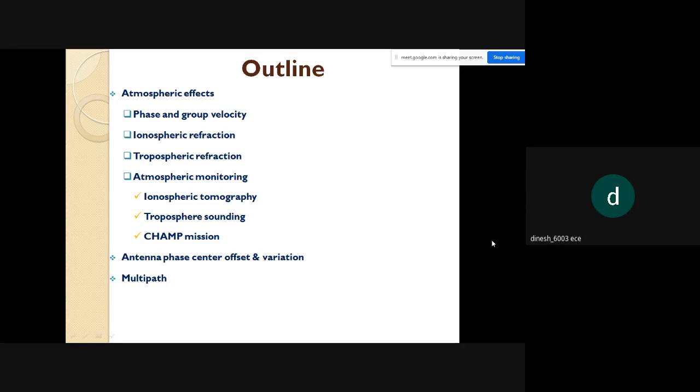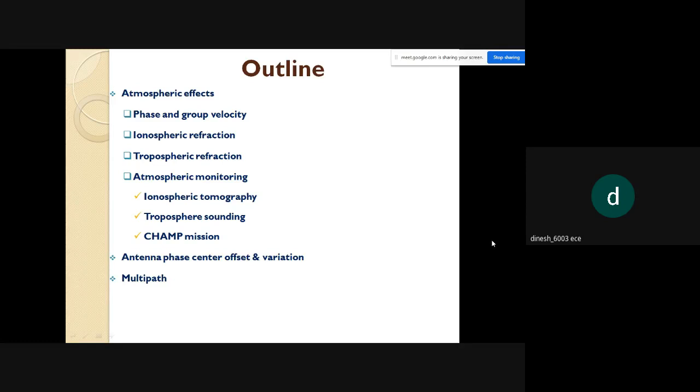After the atmospheric effects, the most important design where we get variations of phase offset has to be taken into consideration, which is antenna phase center offset and variation. We'll be seeing antenna phase center offset and variation, and last would be multipath effects.